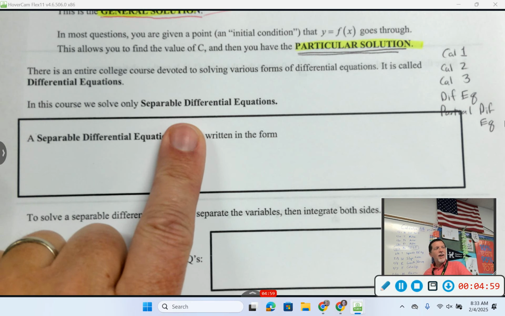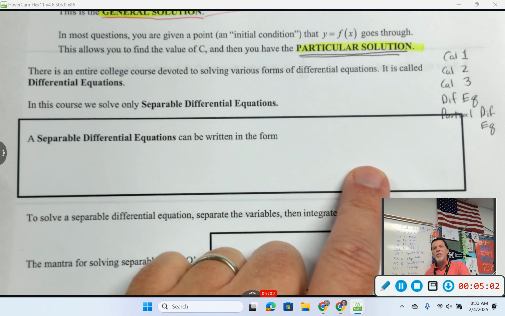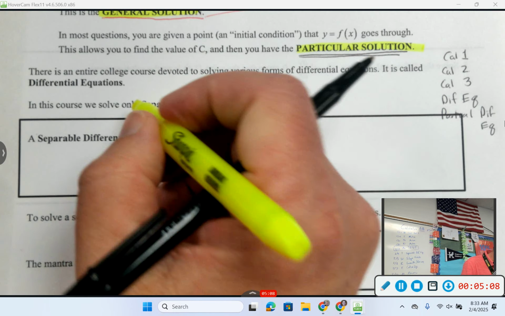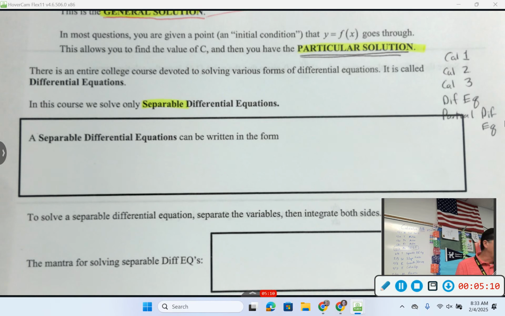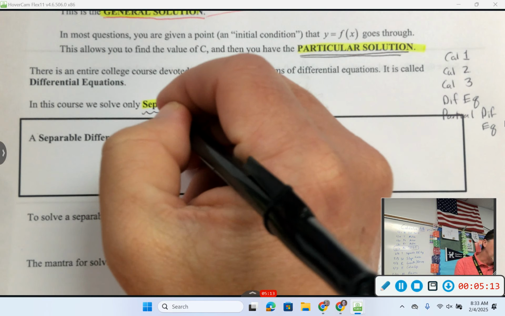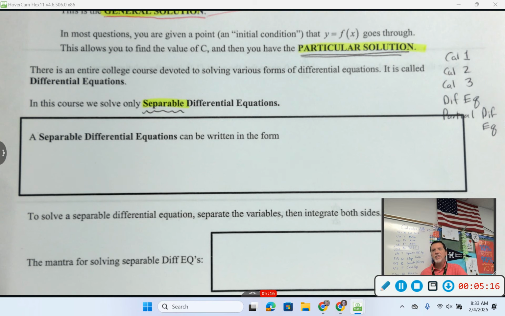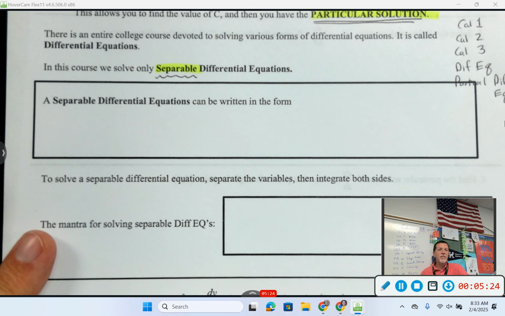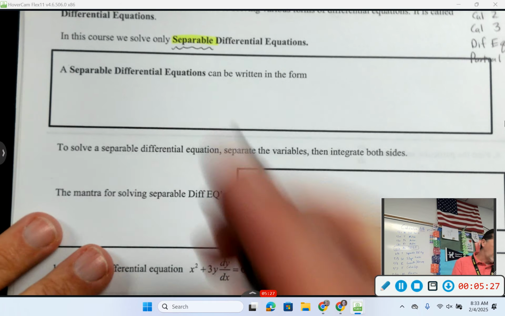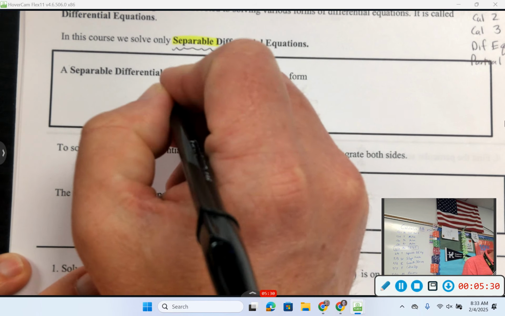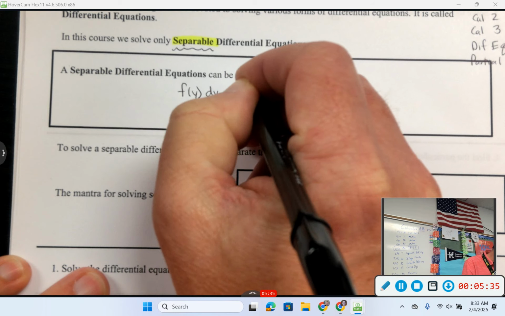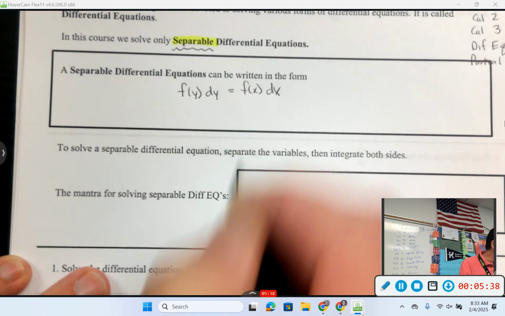In this course, what makes us able to only do a couple days worth rather than a semester's worth of junior level math stuff is that everything we do will be a separable differential equation. And the separable is what makes the problems, I shouldn't say easy, that's way too generous. What makes them possible, what makes them easier than the rest of them. A separable differential equation can be written in the form f of y dy equals f of x dx.